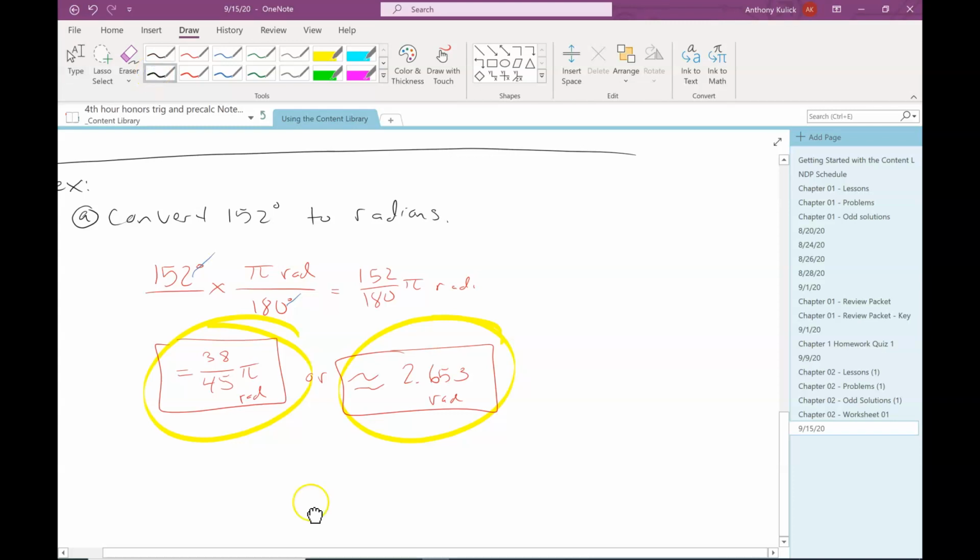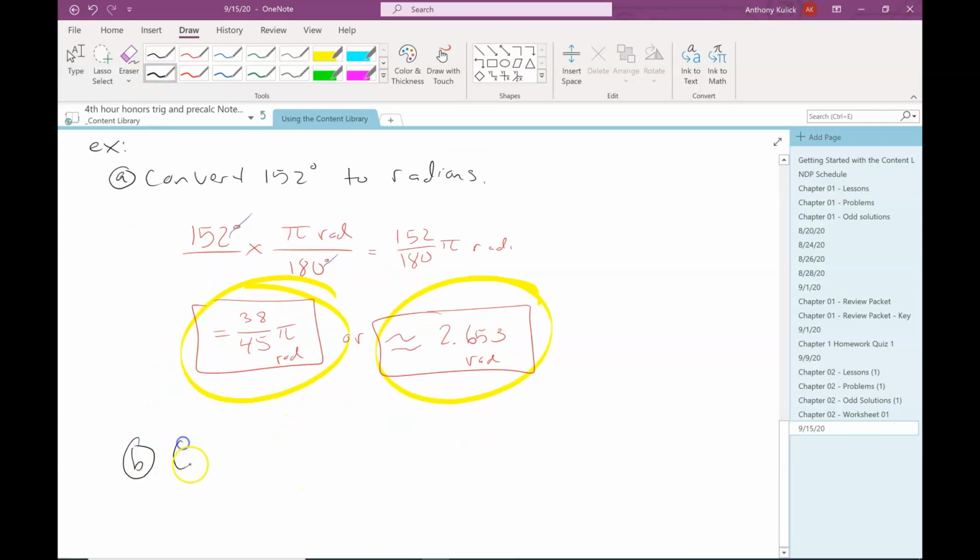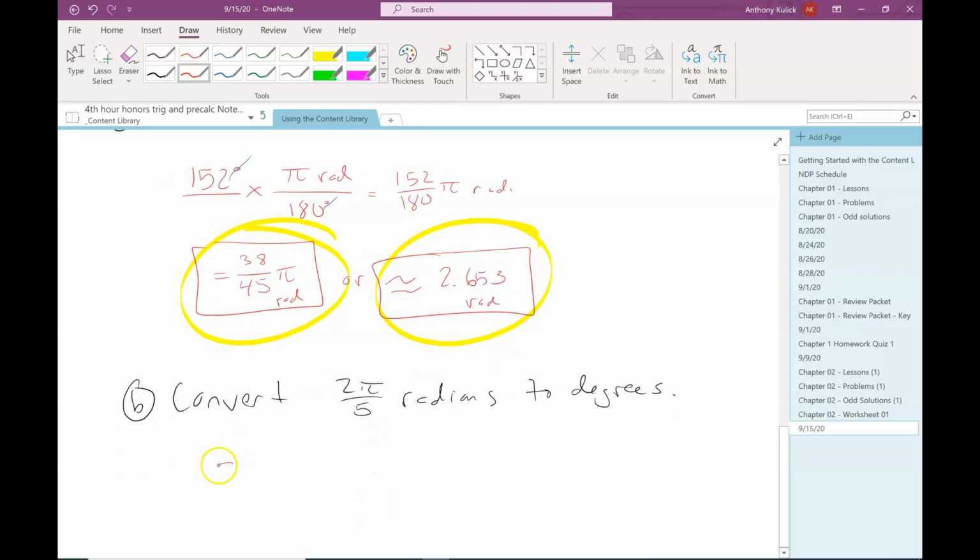Let's go the other direction. Let's say we want to convert 2 pi over 5 radians to degrees. Well, I'll take my amount in radians and multiply it by my conversion factor.